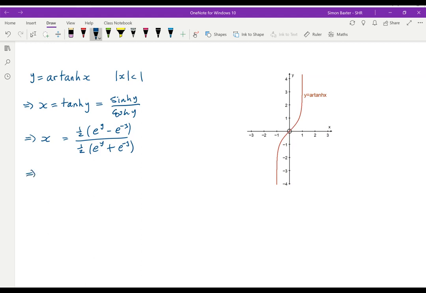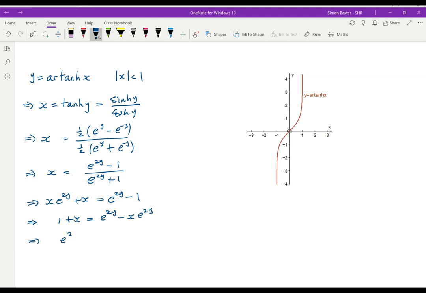Cancel the halves, multiply top and bottom by e to the y, and we will get x is e to the 2y minus 1 over e to the 2y plus 1. Multiply up by e to the 2y plus 1, x e to the 2y plus x is e to the 2y minus 1. Tidy this up a little bit, and we get 1 plus x is e to the 2y minus x e to the 2y.